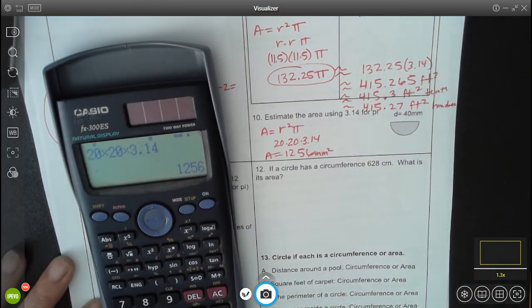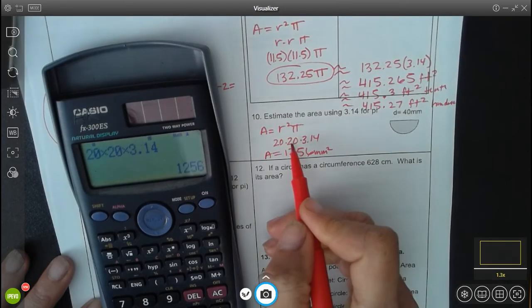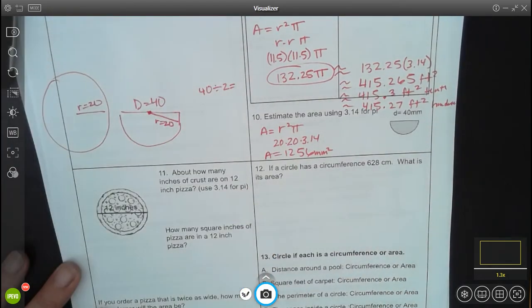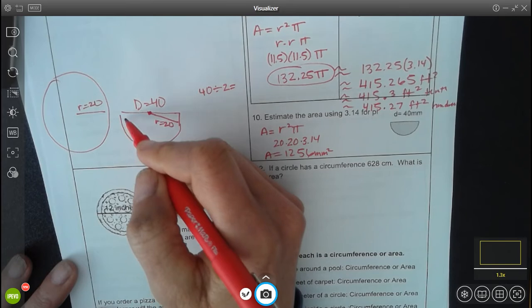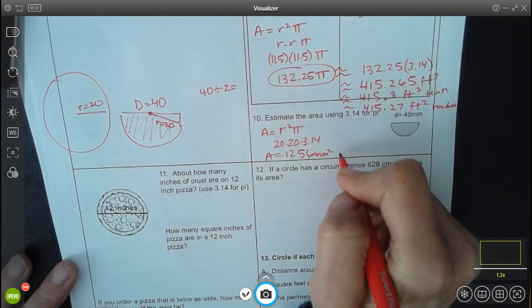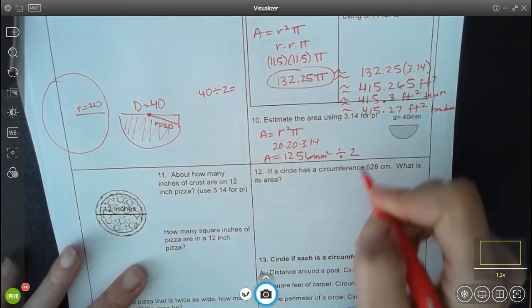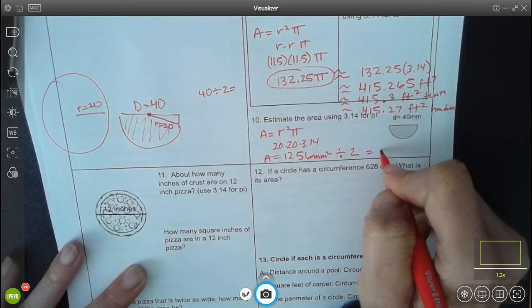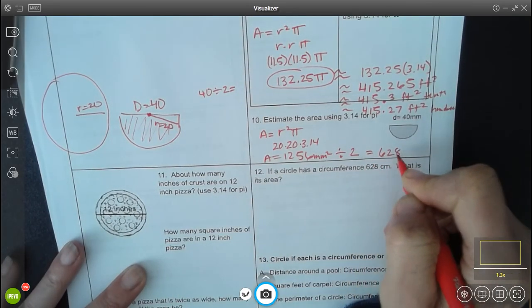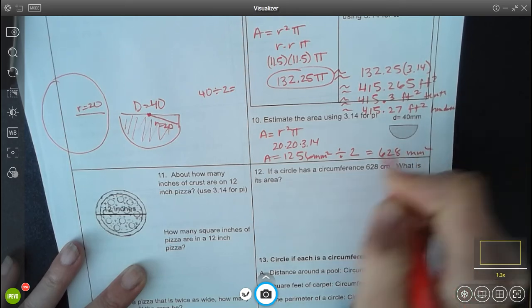I tried that on the computer and it said it was wrong. Well, that's because that's for a whole circle, and all we have is a half of a circle. So I have one extra step. I need to divide that answer in half. When I divide that answer in half, I get 628 meters squared.